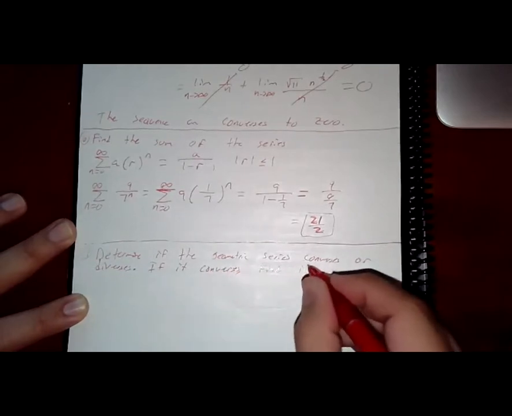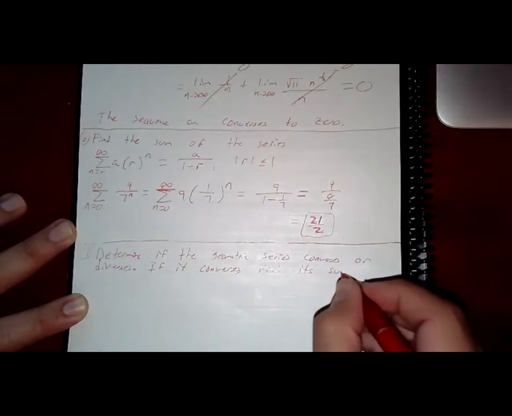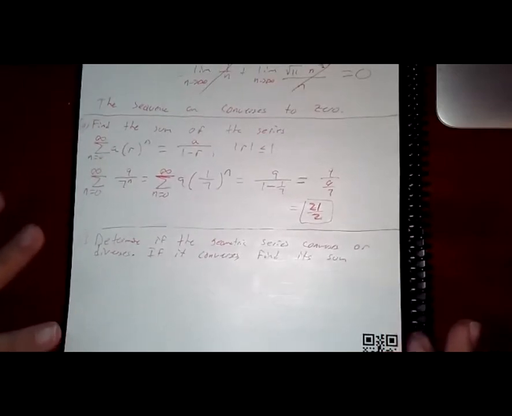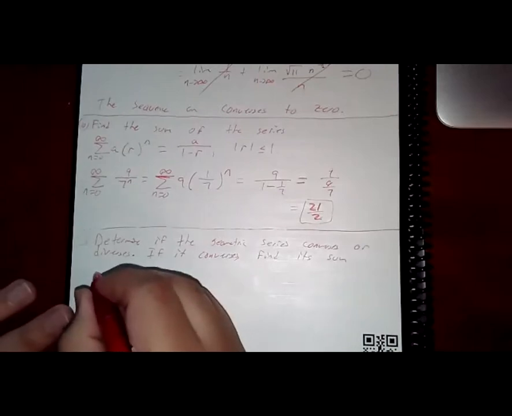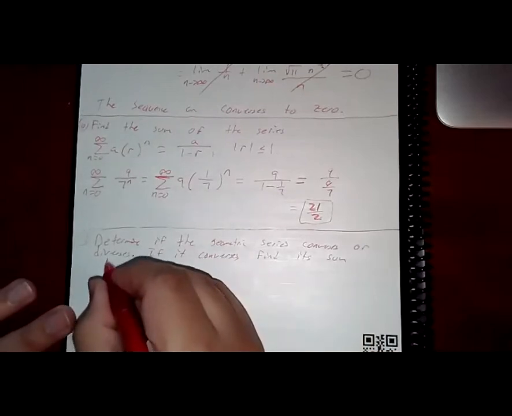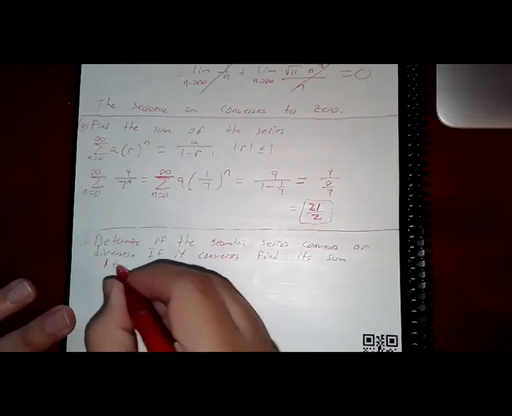So this time they're not telling me to find the sum, so we don't know if it converges or not. If it doesn't, then the sum would be infinite, and we don't have to find the sum. All right, so here is the summation of the terms.